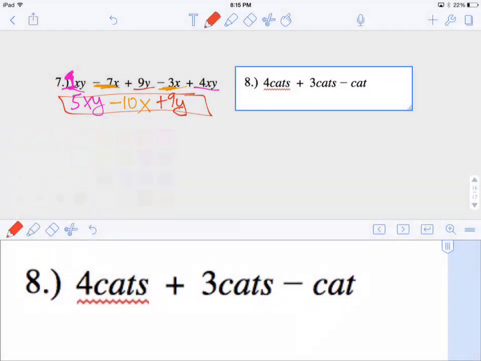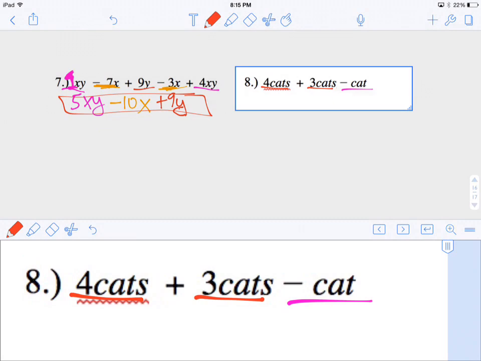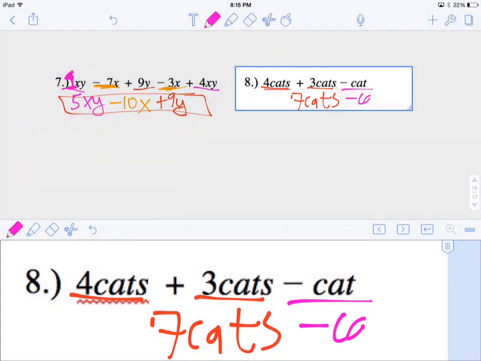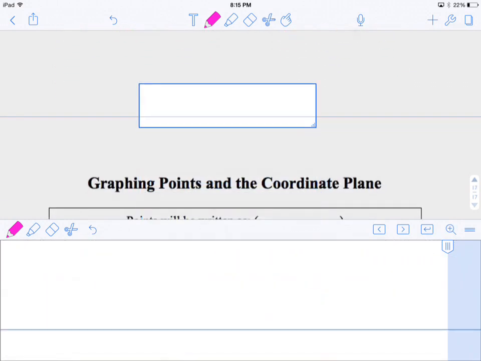Don't worry about it. But we got 4 cats plus 3 cats. And minus cat, that's a different variable. So 4 cats and 3 more cats, that's 7 cats. And then we have minus cat. Done.